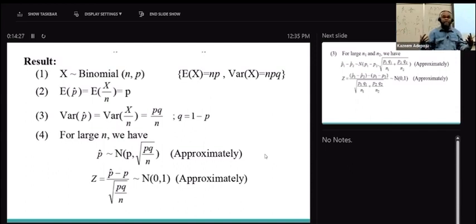What do we intend to get? We want to get the population proportion, which is the true proportion.